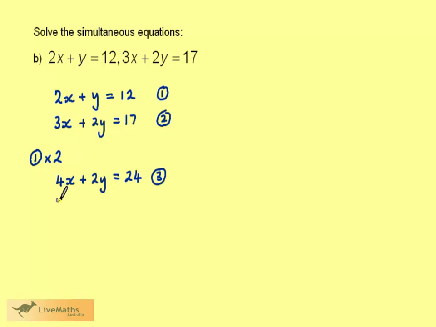And number 2 is 3x plus 2y is equal to 17. We now have the same number of y's. The signs are the same, and therefore same subtract.